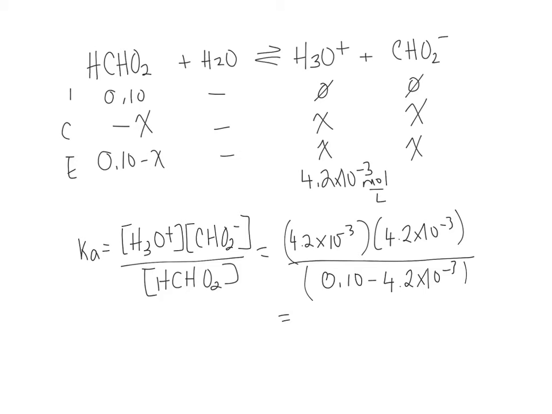So now plug these values into your calculator and you will have your Ka value. So the Ka value for methanoic acid would be 1.8 times 10 to the negative 4. So you can solve your Ka value if you have a pH or a hydronium ion concentration.